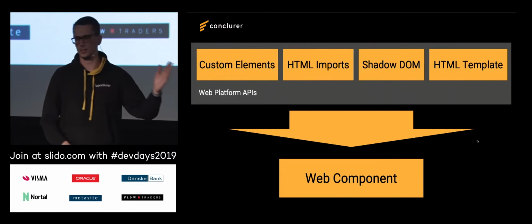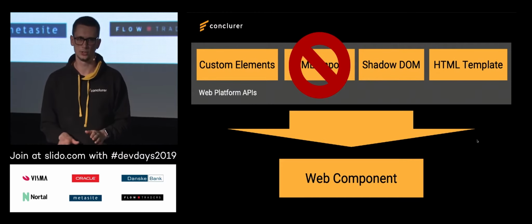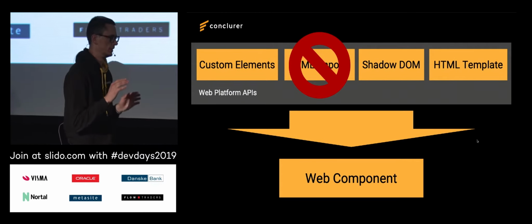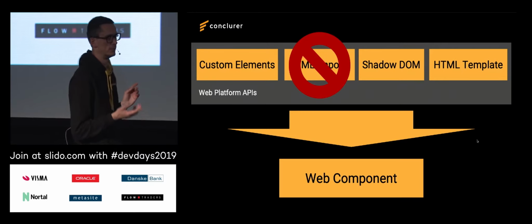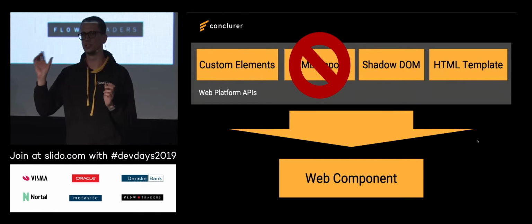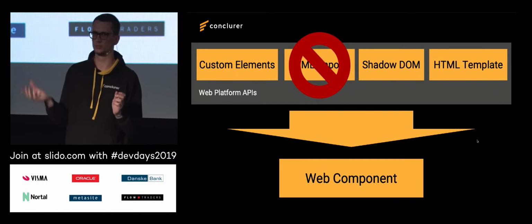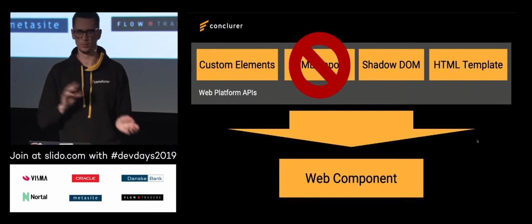Here you can see HTML imports. They're no longer part of these specifications. As introduced, the HTML imports was a method where you can import HTML templates, also .html files, like you can import script files in the web environment.